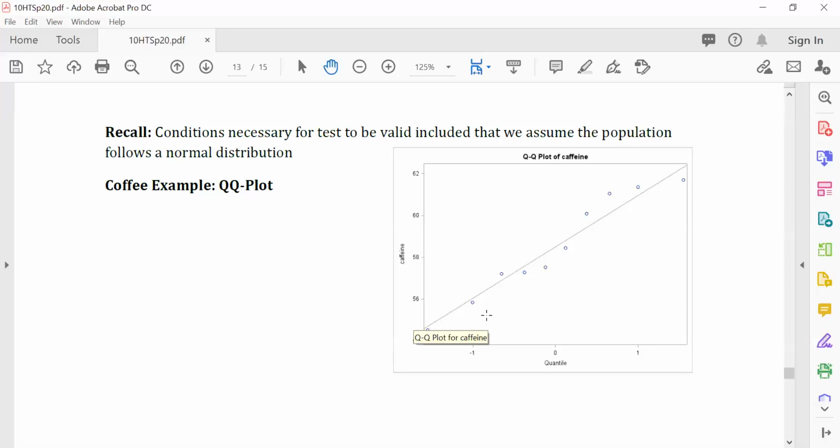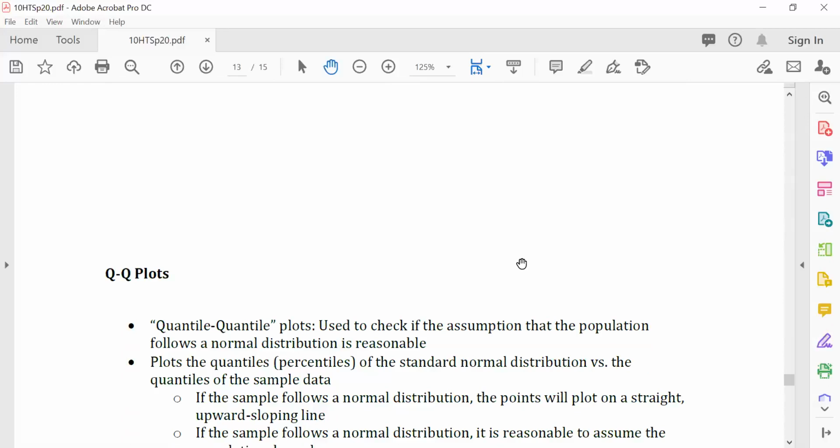So, what is a QQ plot? A QQ plot, another name for the normal probability plot, is a quantile-to-quantile plot. It's used to check if the assumption that the population follows a normal distribution is reasonable.